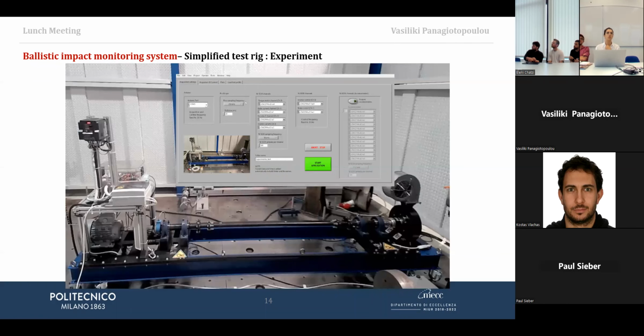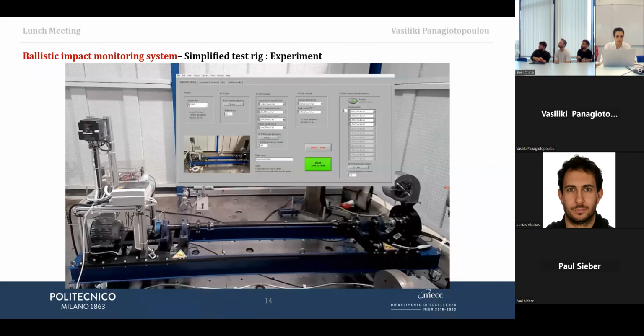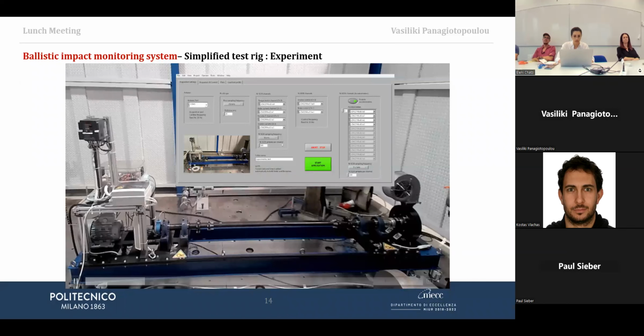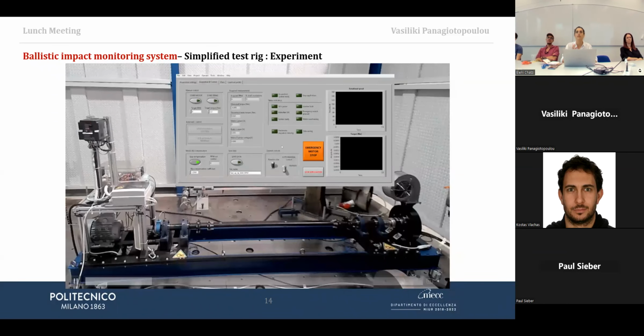What we do is apply through LabVIEW an input speed already predefined. We switch on the sensors we want to read on the column.